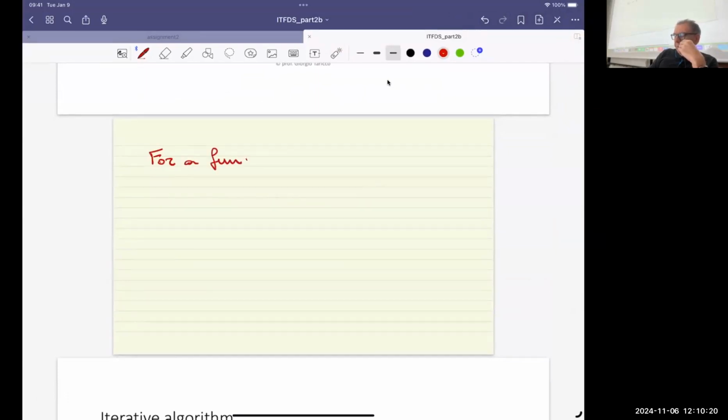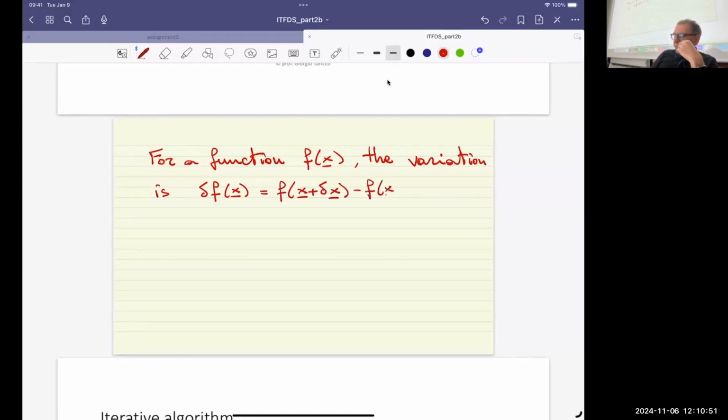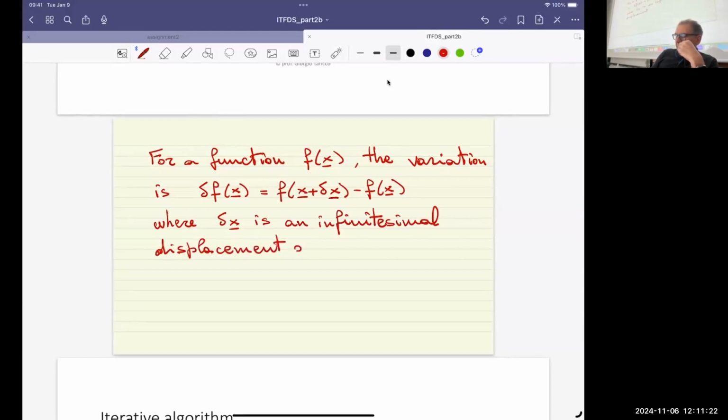for a function f of x, the variation is delta f of x, defined as f of x plus delta x minus f of x, where delta x is an infinitesimal displacement of x.